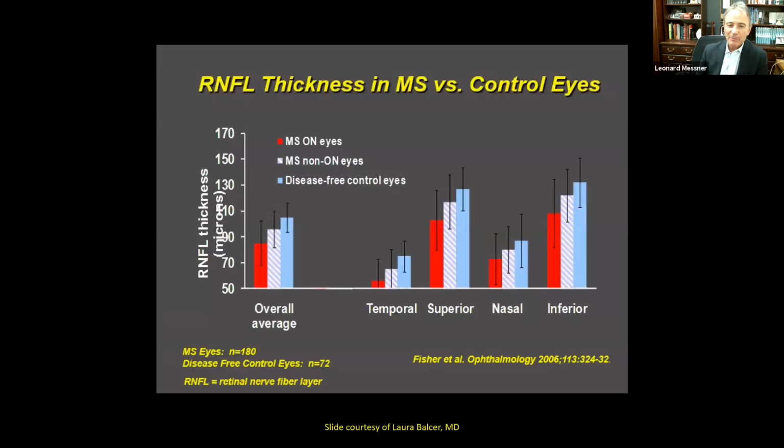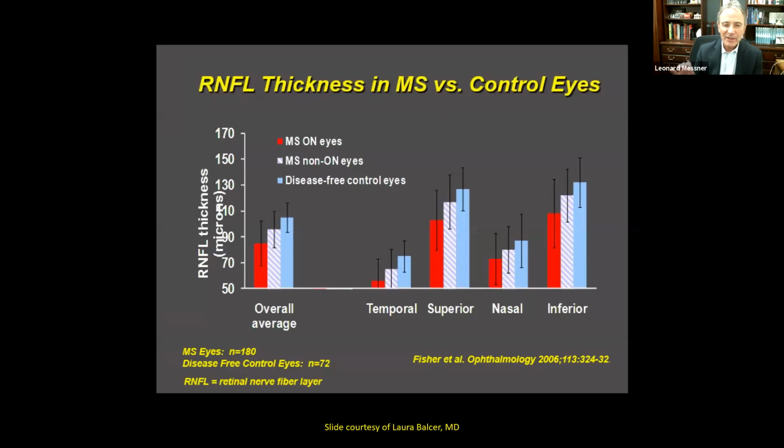Now, a lot of this goes back to early work that was done at the University of Pennsylvania. This is a study that was published in 2006 in Ophthalmology. This is fairly early in the days of using OCT to look at patients with the myelinating disease, multiple sclerosis, optic neuritis, what have you.